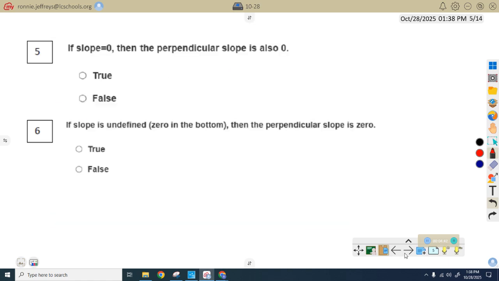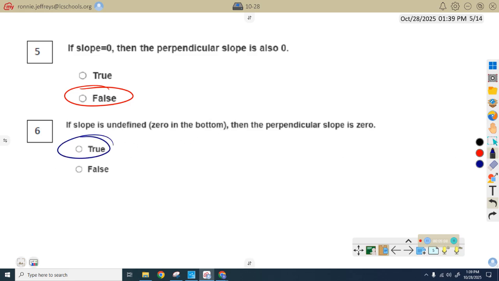All right. So, if slope is 0, then perpendicular slope is also 0. This one is false. I really wish this was written somewhere in the room that you would know it. I've had people that left class, they still didn't know that it was in here. All right. Number 6, if slope is undefined, 0 in the bottom, the perpendicular slope is 0.